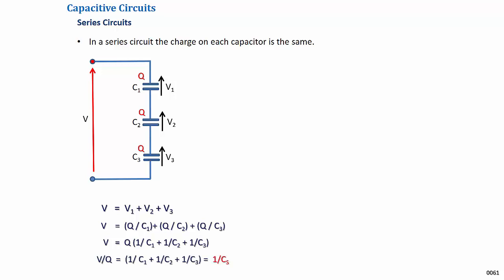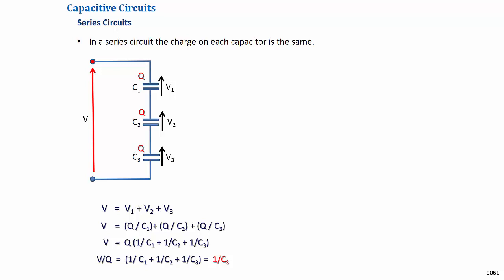Dividing through by Q, V divided by Q equals 1 divided by C1 plus 1 divided by C2 plus 1 divided by C3.